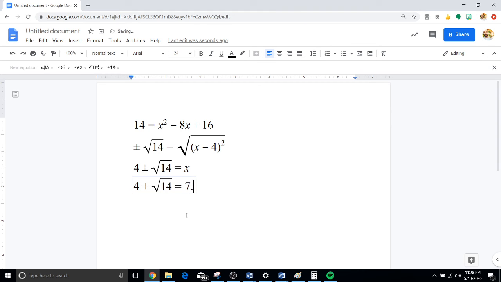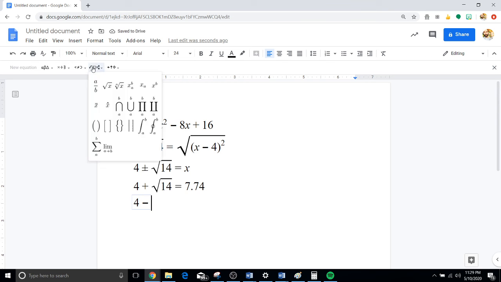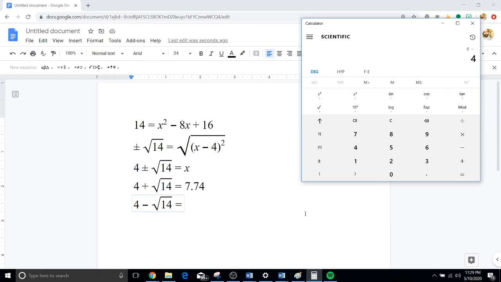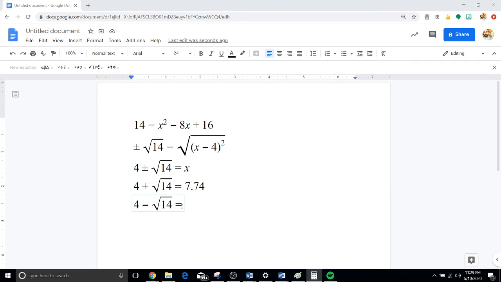So 7.74 is going to be one of our roots. The other one is going to be, well, what happens when we take 4 and subtract the root of 14? We know that the root of 14 is 3.74, so let's take 4 and subtract 3.74. 4 minus 3.74 is going to give us approximately 0.26. We have our two roots.